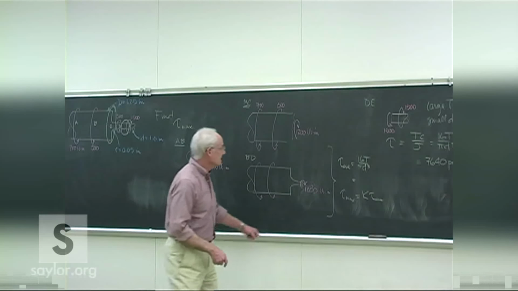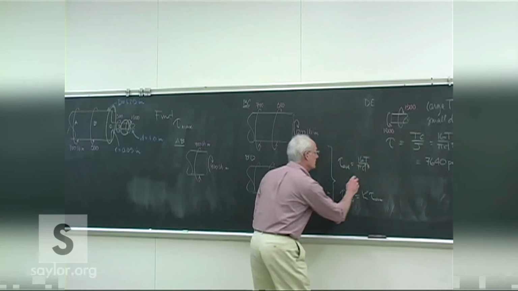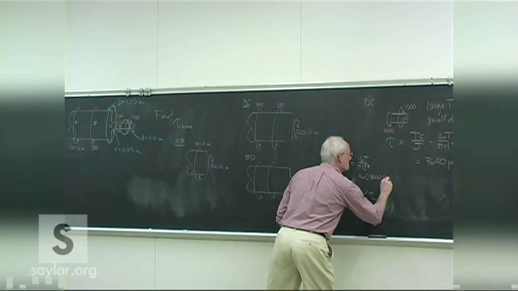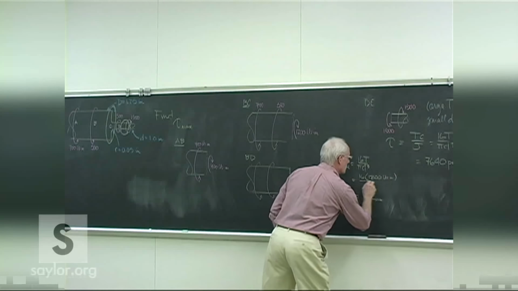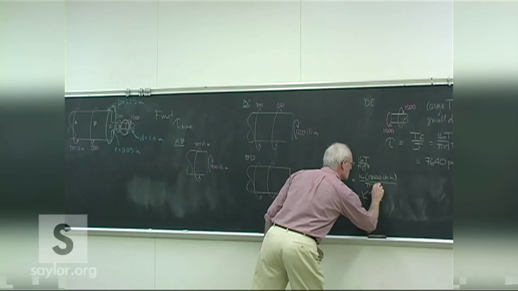Do you have this intermediate number with 1200 in here, using the smaller diameter?